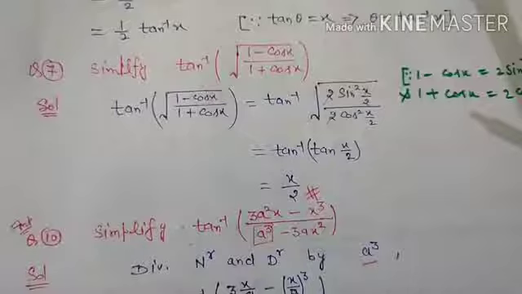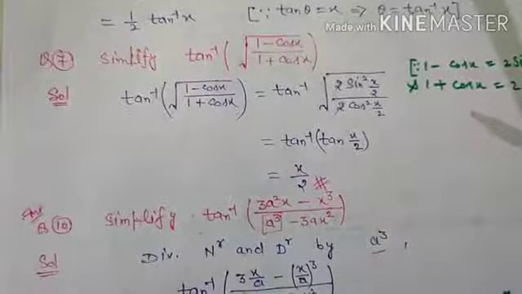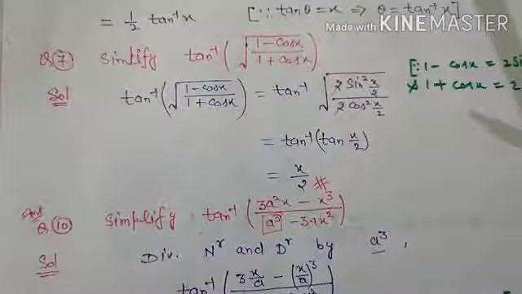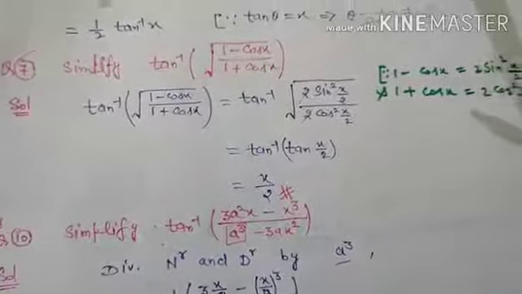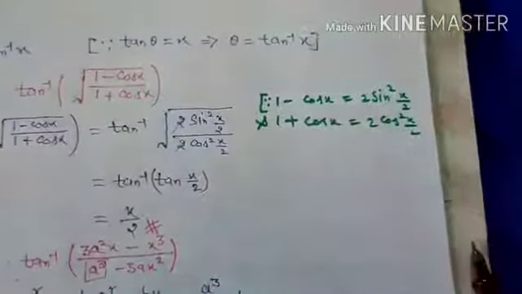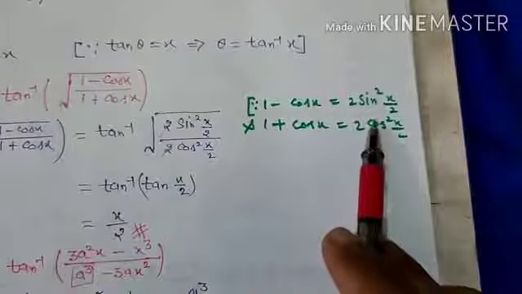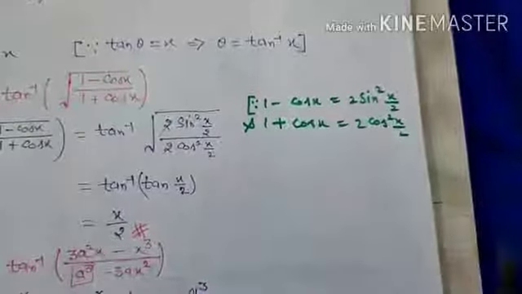Now see the next question 7. Simplify tan inverse of root of 1 minus cos x upon 1 plus cos x. We have the direct formula for this, we have studied this in class 11th. 1 minus cos x is equal to 2 sin square x by 2. 1 plus cos x is 2 cos square x by 2.